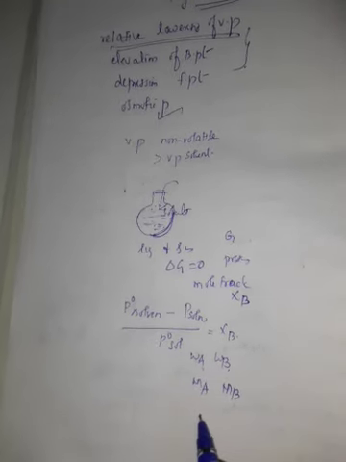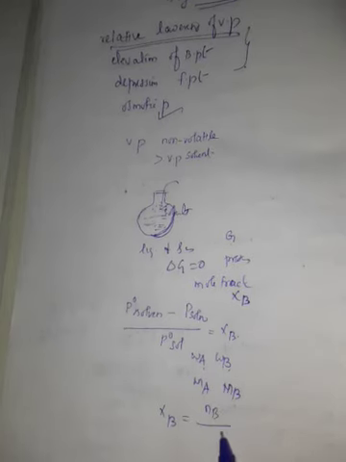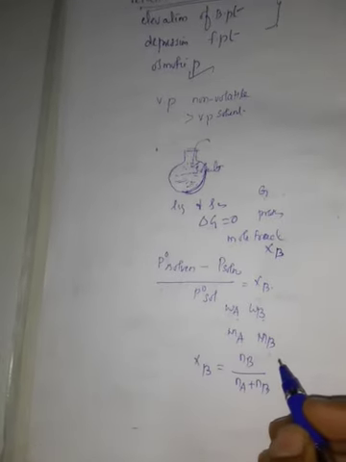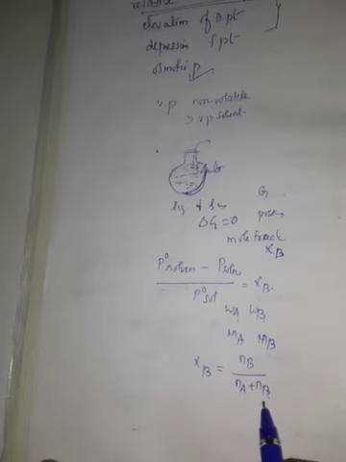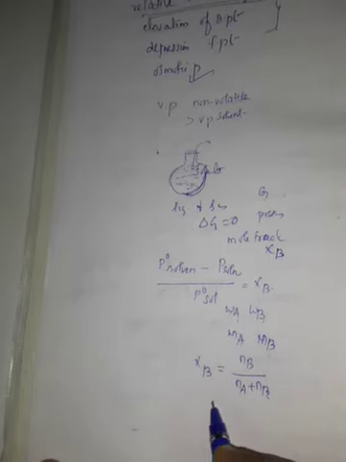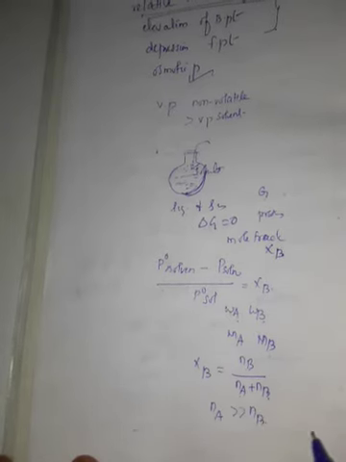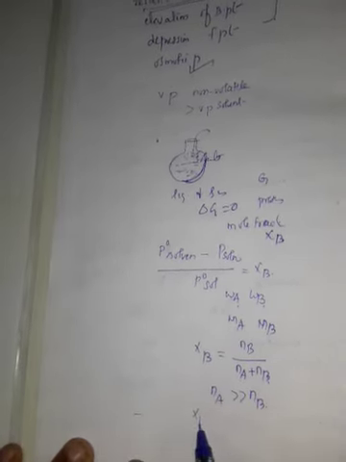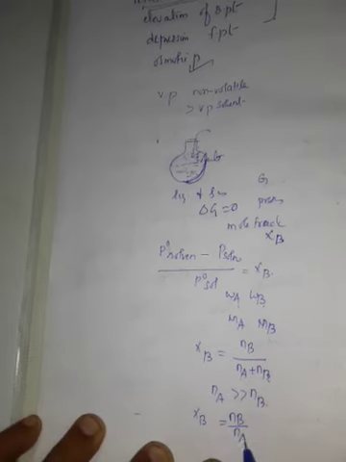Then the mole fraction of the solute XB is given as Nb by (Na plus Nb), where Na and Nb are the moles of the solvent and solute respectively. For a dilute solution, the number of moles of solute is very much smaller than the number of moles of the solvent. So XB, the mole fraction of the solute, is given as Nb by Na.